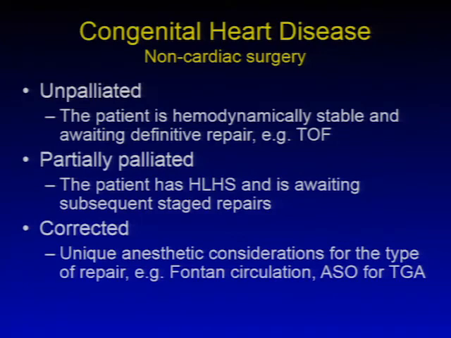And finally, children could be completely corrected, and unique considerations are required for the type of repair that was done. For instance, the child could have Fontan circulation or have had an arterial switch procedure for transposition of the great arteries. The approach to each of those diseases needs to be individualized for the condition and the residual anatomy that the child has.